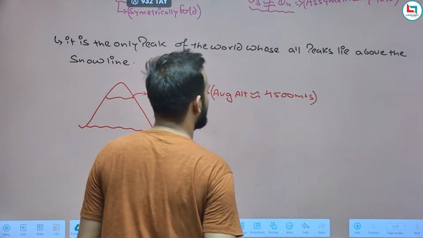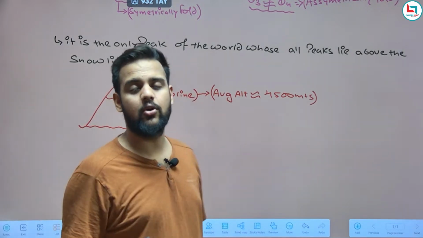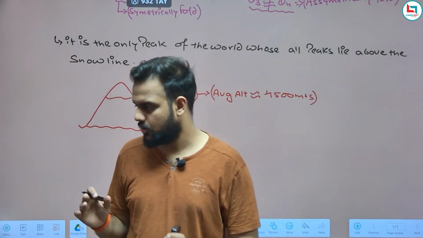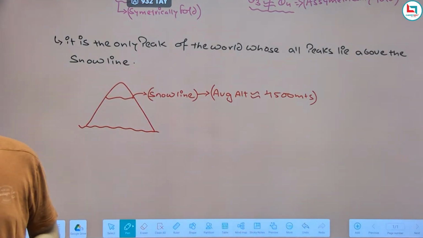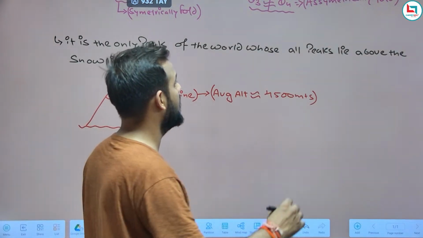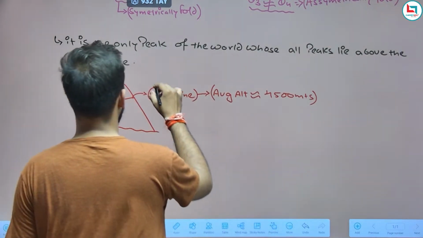Okay, and the lowest peak of Himadri is of 5,200 meters. We have the lowest peak of Himadri, which is 5,200 meters.